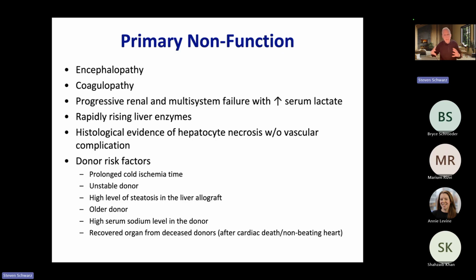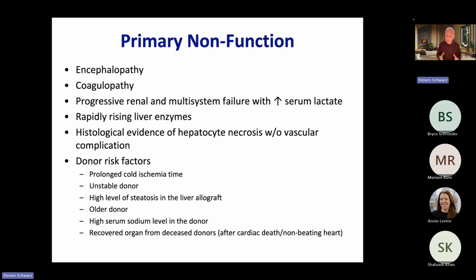Again, we'll see later how primary non-function and hepatocyte necrosis is going to be the seminal event, which results in a wide variety of problems distant to the liver, including pulmonary and renal problems. In those patients with suspected primary non-function, biopsy will show histologic evidence of hepatocyte necrosis without a vascular complication, such as hepatic artery thrombosis.